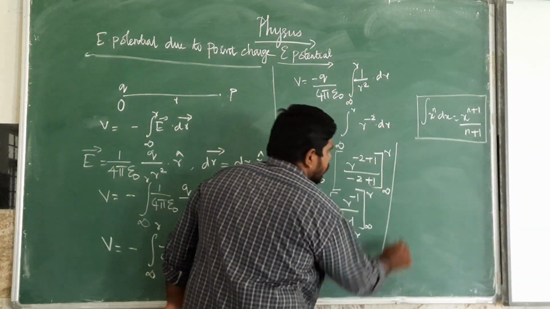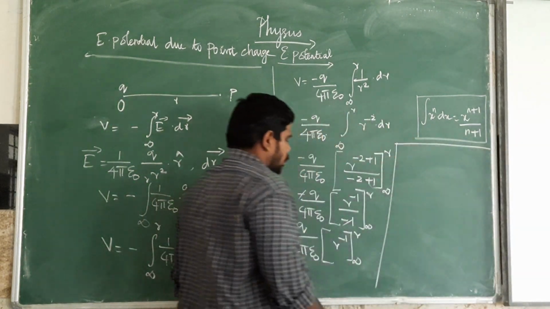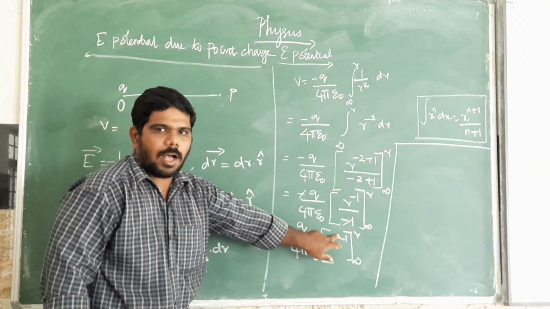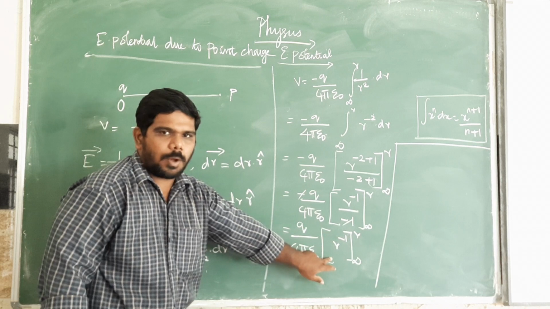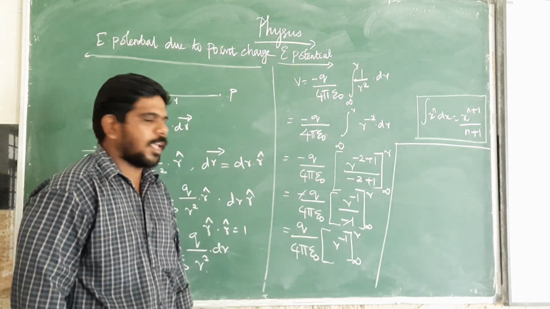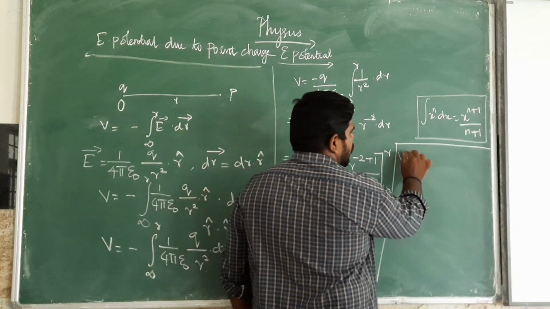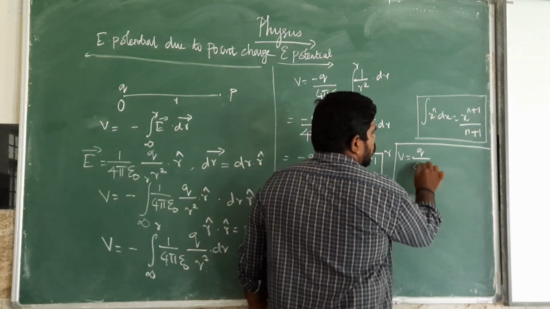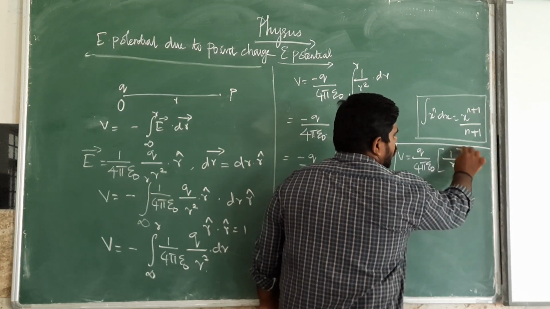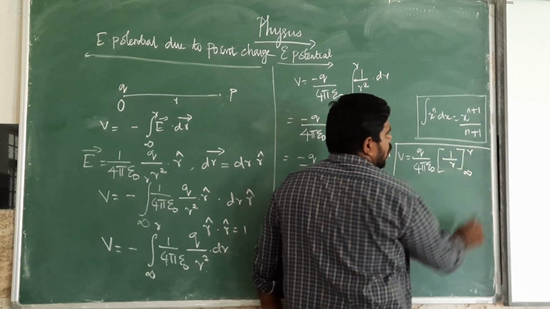So from this, r power minus 1 can be represented by 1 by r. Then we are going to substitute the limits. So V is equal to q by 4 pi epsilon 0 into 1 by r, limit infinity to r.